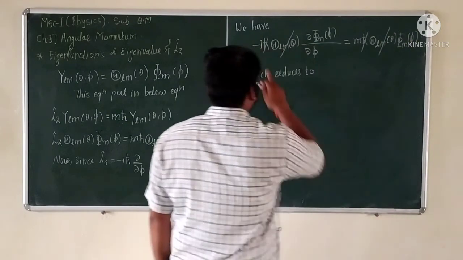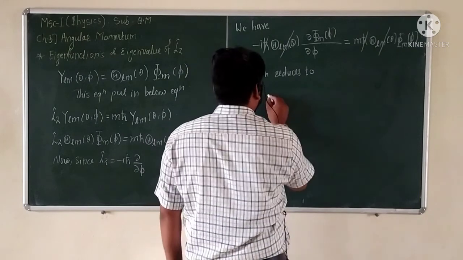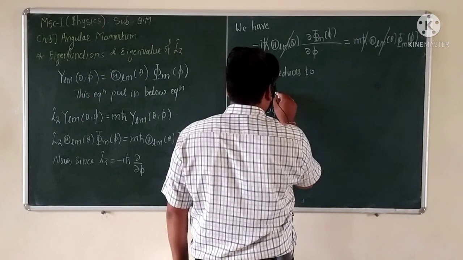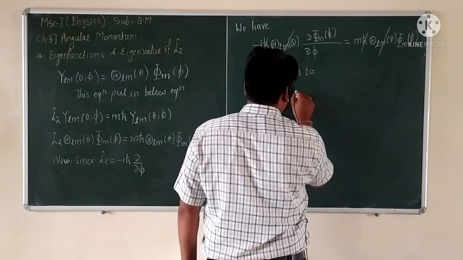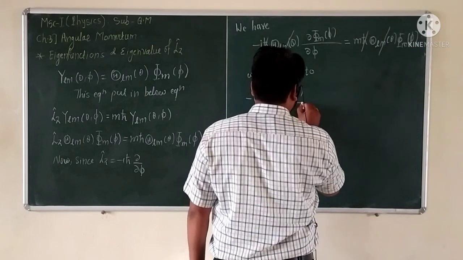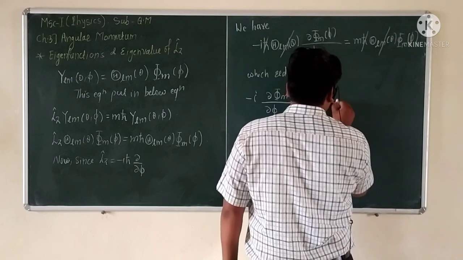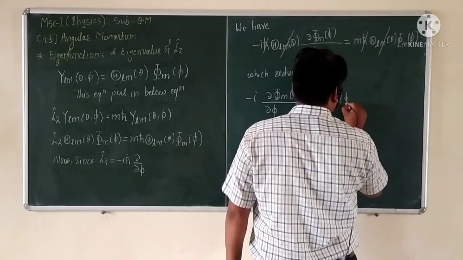So what is the remaining part? Minus i ∂/∂φ of Φm(φ) is equal to m Φm(φ).